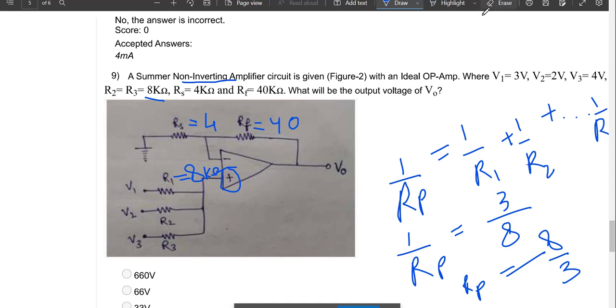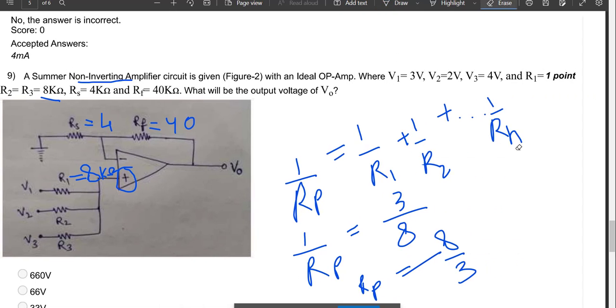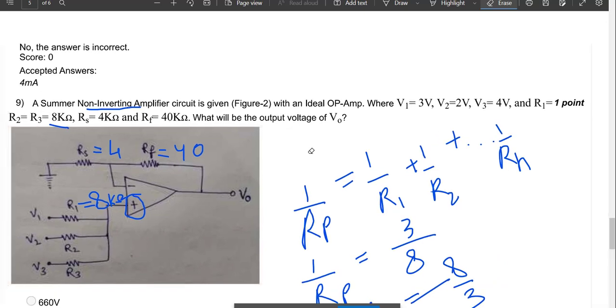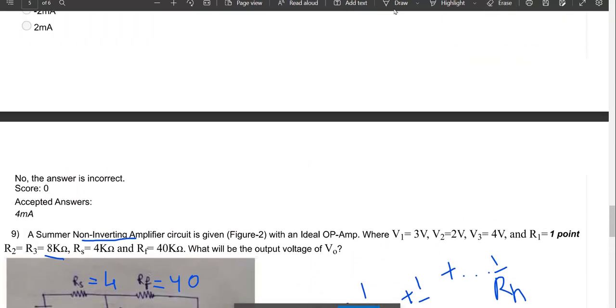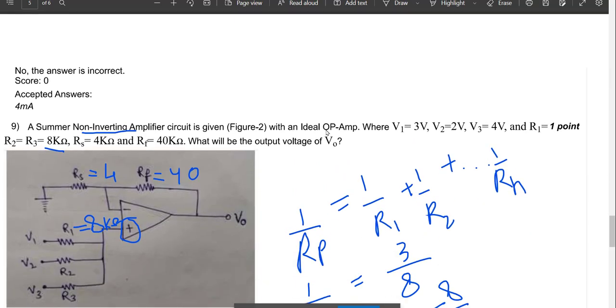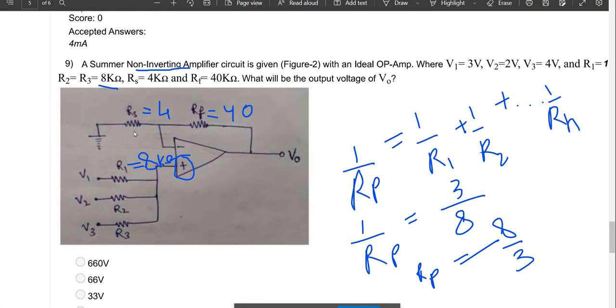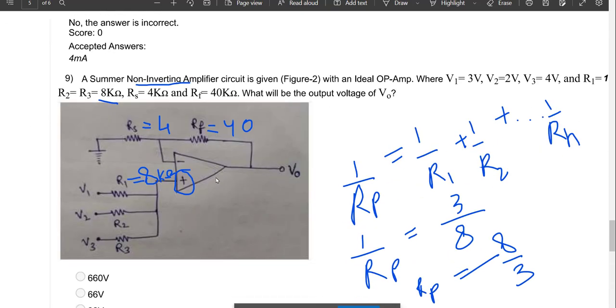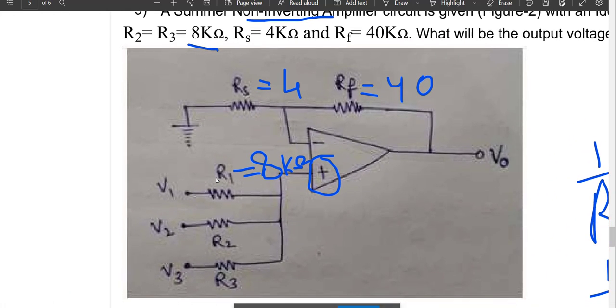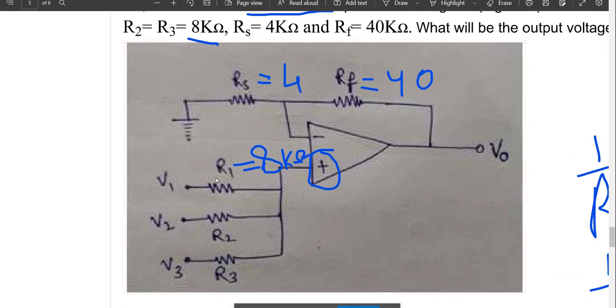Okay, I will see. For a non-inverting amplifier, I hope you can see the circuit here. Can you see now? Yes, ma'am.